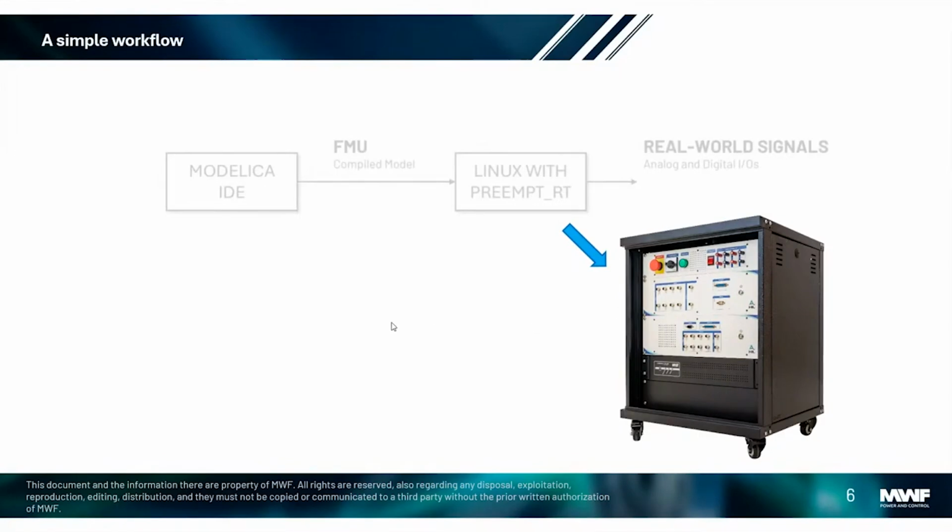This is one of our platforms. We call it Qfire Hill. As you can see, it has inputs and outputs for real-world signals, both analog, digital, and also digital buses like CAN bus, which is very common in agricultural machinery and commercial vehicles, for example, or even maritime applications and many others.